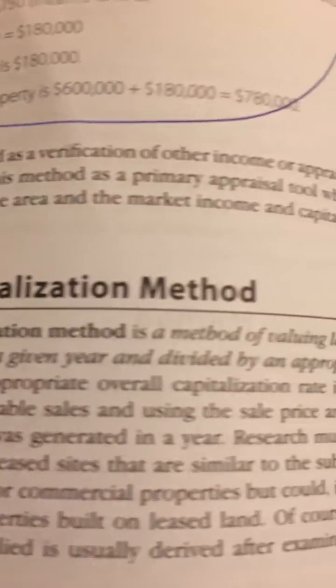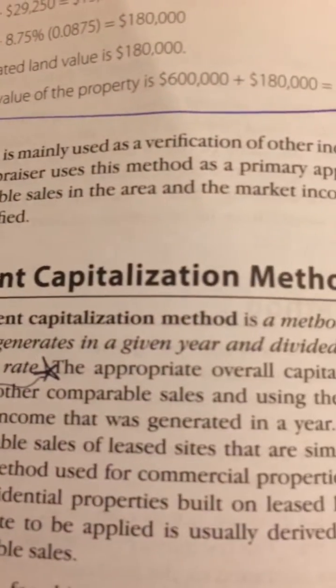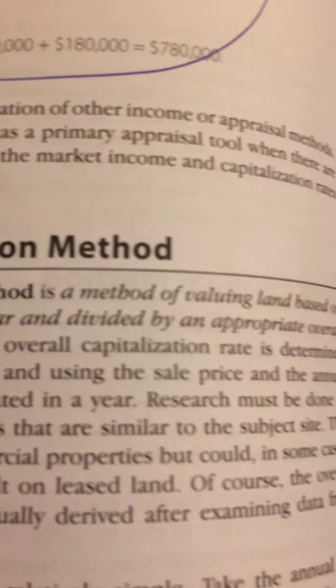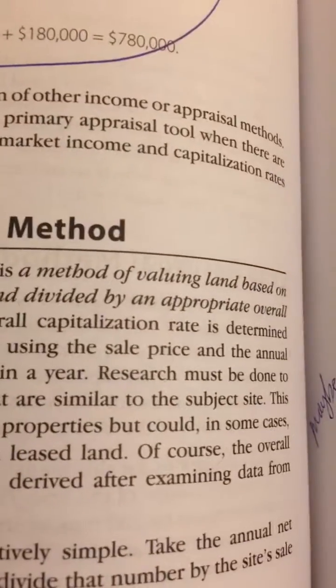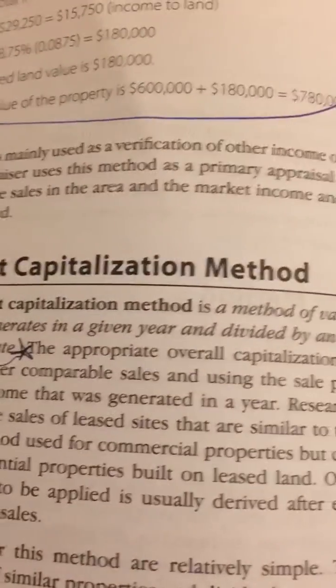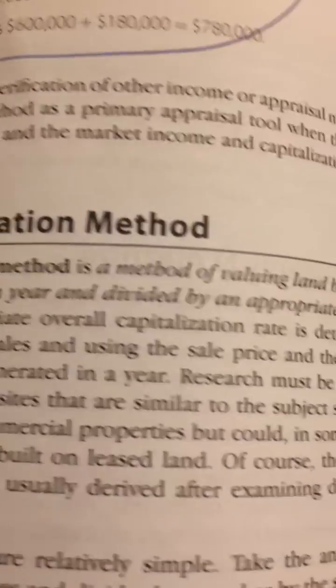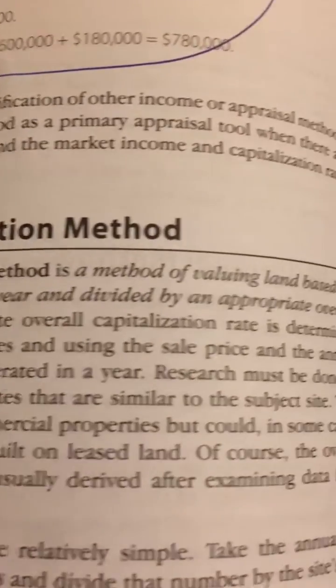The appropriate overall capitalization rate is determined by examining other comparable sales and using the sale price and the annual net operating income that was generated in a year. Research must be done to obtain comparable sales of leased sites that are similar to the subject site.